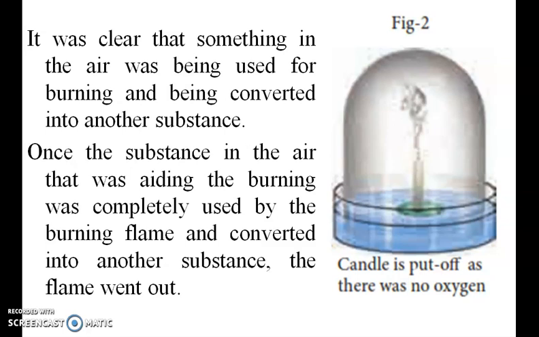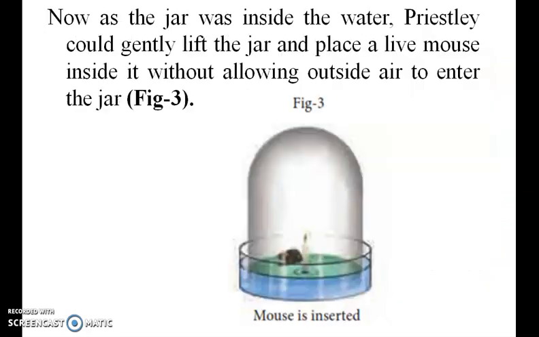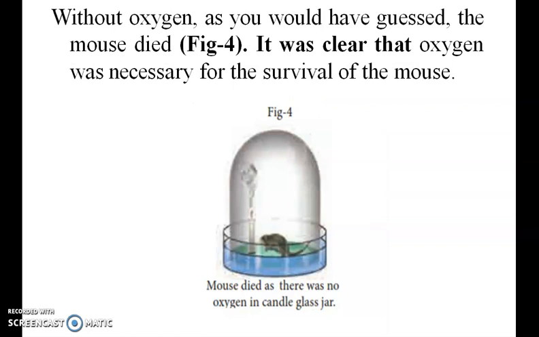If there is no oxygen, the fire cannot survive. Another example: he put a mouse inside the jar without allowing outside air, and this mouse also died after some time. So it shows there is no oxygen or air inside that jar.